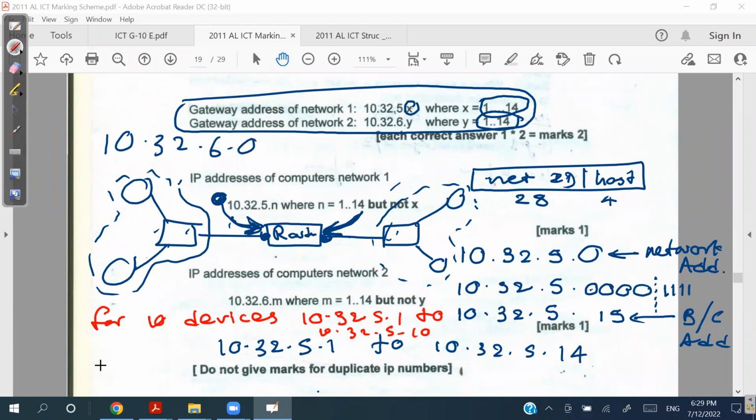And the gateway you can say 10.32.5.11, since we went from 1 to 10 here. Likewise, on the other side you can propose 10.32.6.1 to 10.32.6.10 and the gateway is going to be 10.32.6.11, simple as that. People, is that clear?